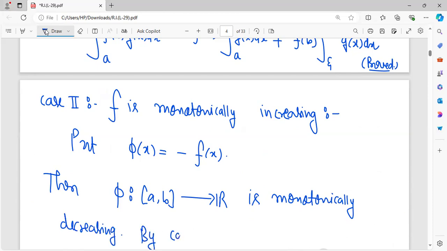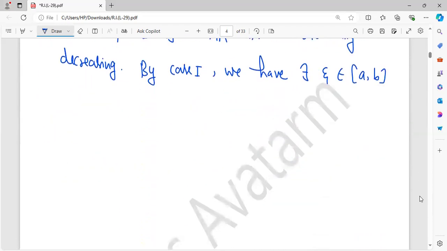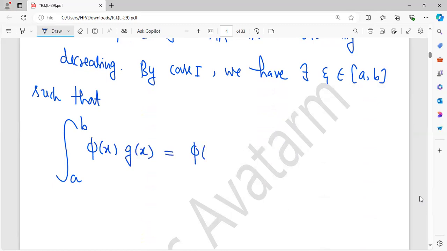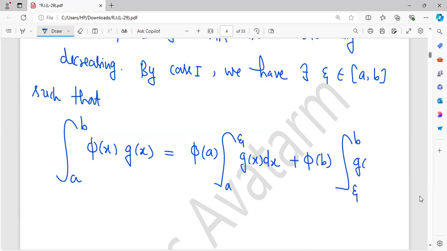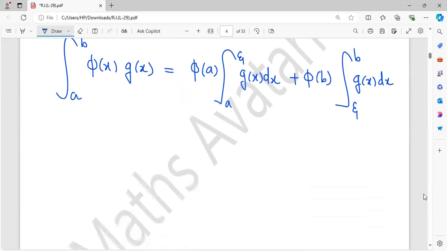By case first, we have there exists ξ belongs to the closed interval [a, b] such that integral a to b φ(x) g(x) dx is equal to φ(a) integral a to ξ g(x) dx plus φ(b) integral ξ to b g(x) dx. Now what is φ(x)? It is minus f(x).